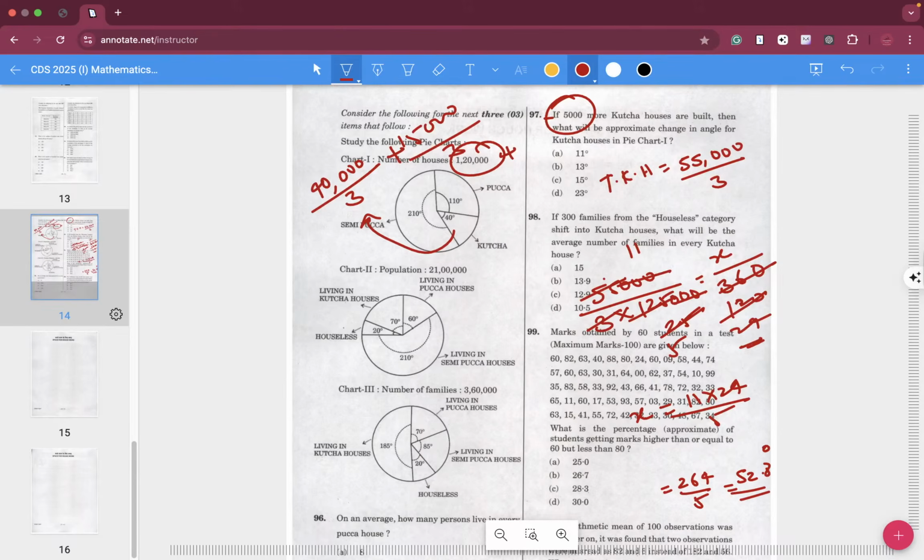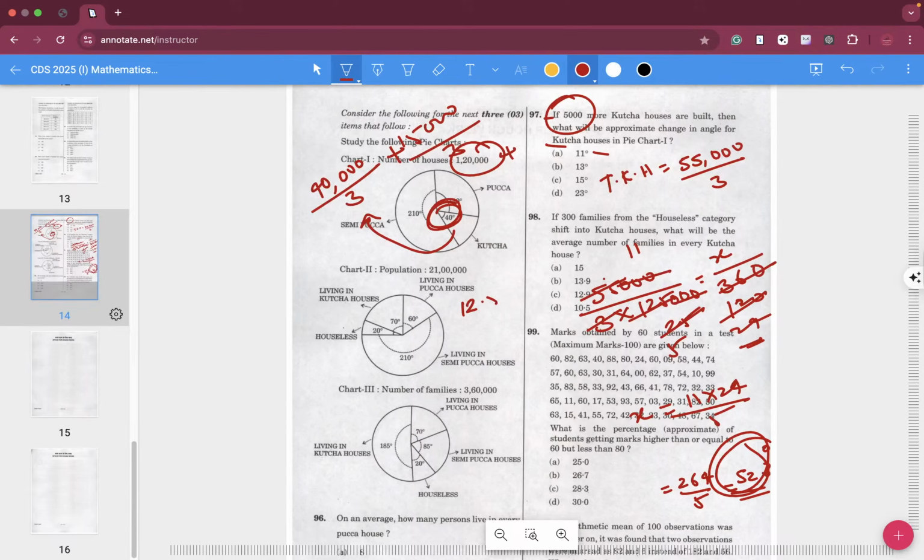Now they are asking, if 5,000 more kacha houses are built, then what will be the approximate change in the angle of kacha houses? Earlier your angle was 40 degree. Now your angle is 52.8 degree.